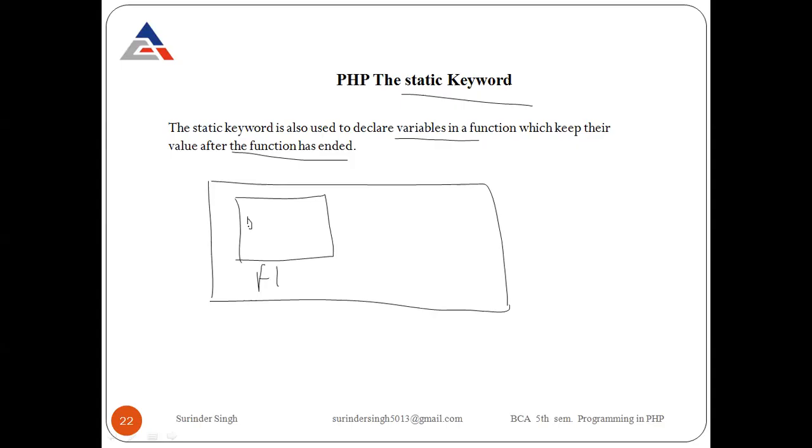Here we have a static variable a, and the initial value of a is, suppose, 0. Clear? We have another function call, and there is a third function call f1.